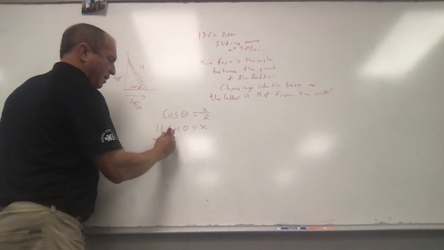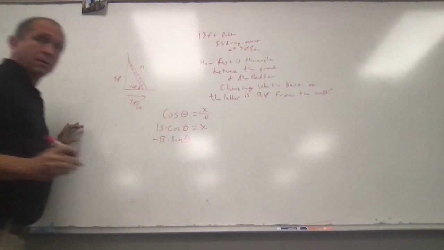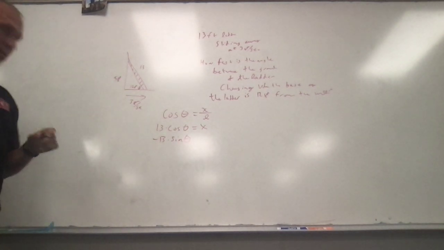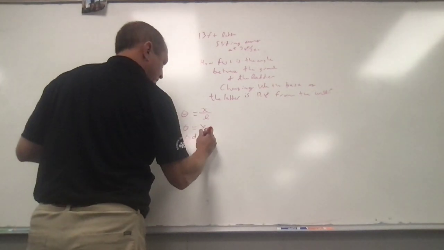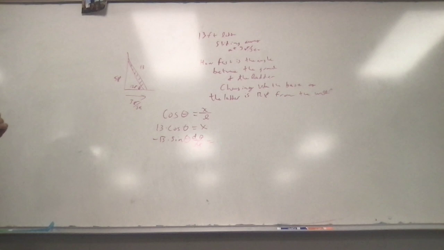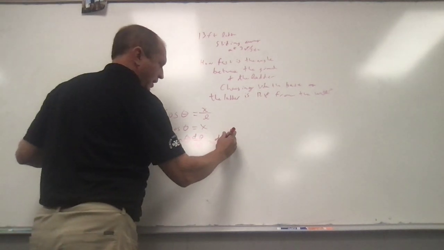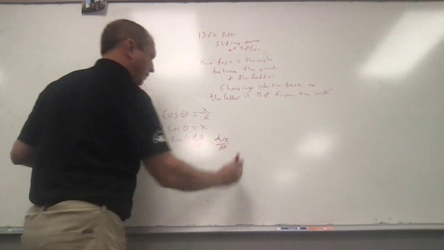Negative sine, so I get negative 13 times the sine of theta times d theta over dt equals what over here? Be careful. What's the derivative of x in a related rate problem? Yeah, dx dt. All right.